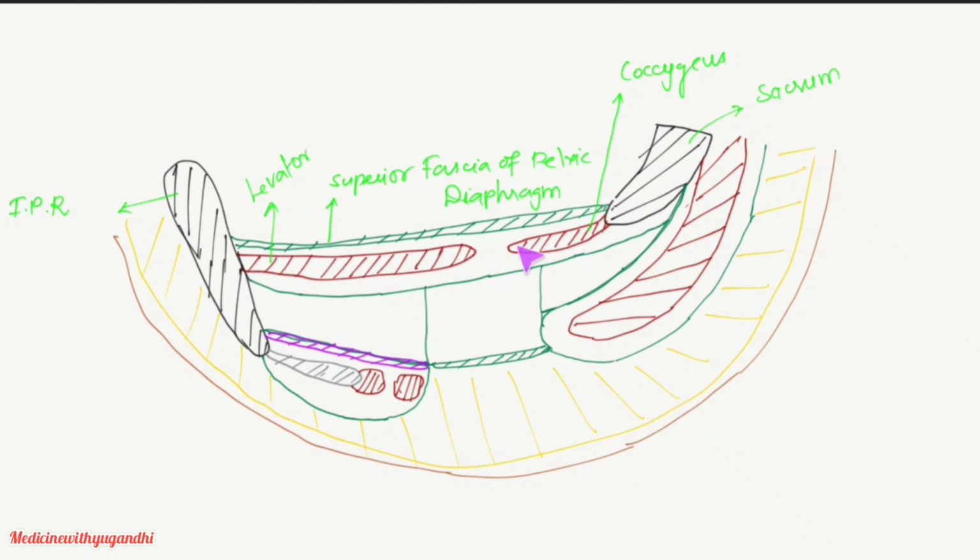So these two, the coccygeus and the levator ani, form the pelvic diaphragm, and below that this is the anal fascia extending from the ischiopubic rami to the sacrotuberous ligament, and this is the sacrotuberous ligament, and this is the gluteus maximus muscle, and this is the fascia covering the gluteus maximus muscle, and then this is the perianal fascia.